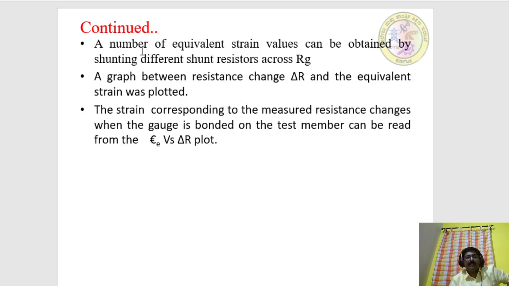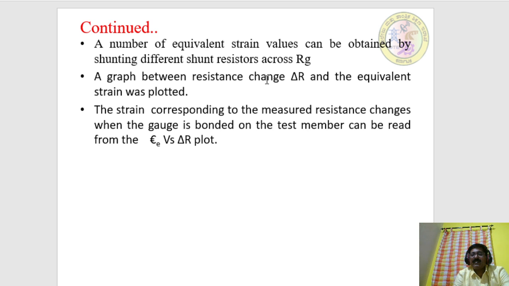See, a number of equivalent strain values can be obtained by shunting different shunt resistors across Rg. This is the most important aspect in strain gauges. The graph is generally plotted by change in resistance delta R, which is equivalent in strain.